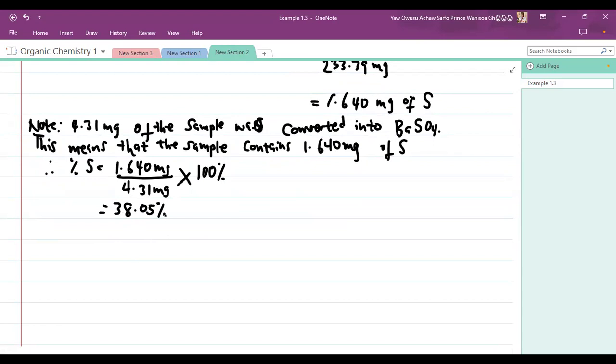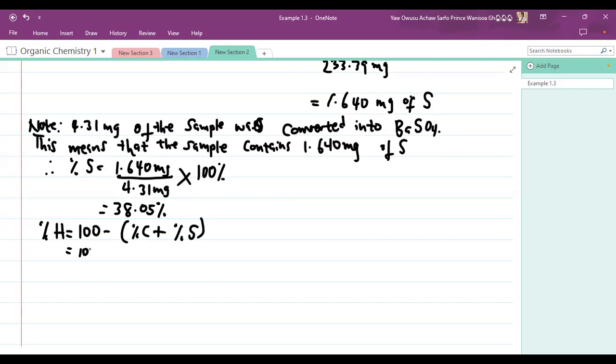Now we have known our percentage of carbon and sulfur. So to determine the percentage of hydrogen, it will be 100 minus the percentage of carbon plus the percentage of sulfur.